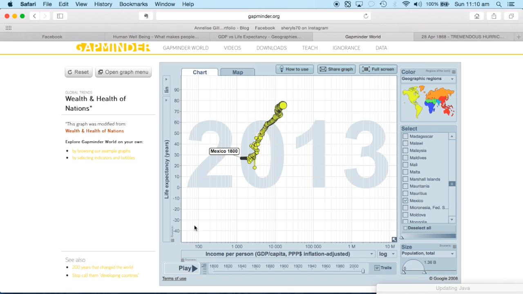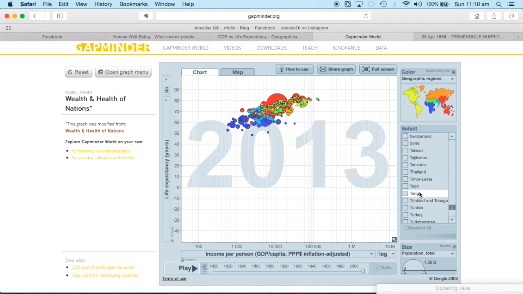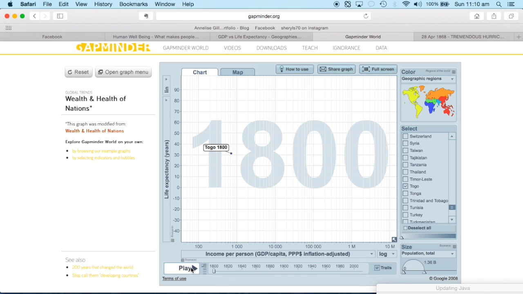Now, the other thing, I've actually talked about life expectancy when I did Mauritius, but you can actually look at the income as well. Let's have another look at another country at random. Let's go for Togo. Okay, so once again, nothing much happening in the 1800s.